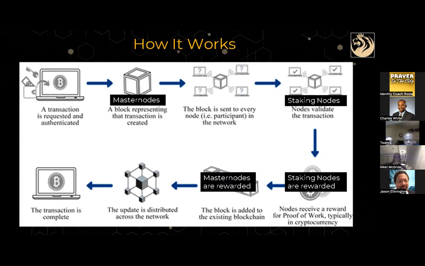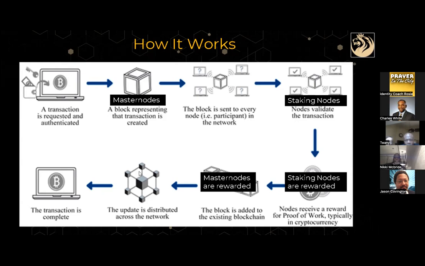You'll also see something like a pending transaction. Pending means that it is going through these processes. The staking nodes are the ones validating these transactions. So if it says 0 out of 3, 1 out of 3, and finally 3 out of 3, that means these staking nodes are all looking at that transaction, checking it for errors.